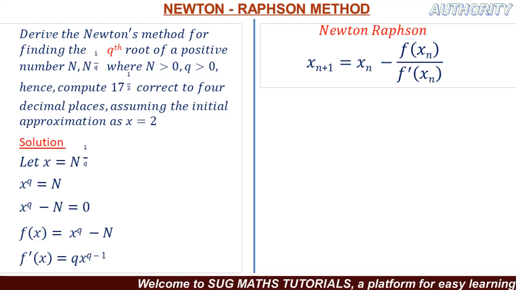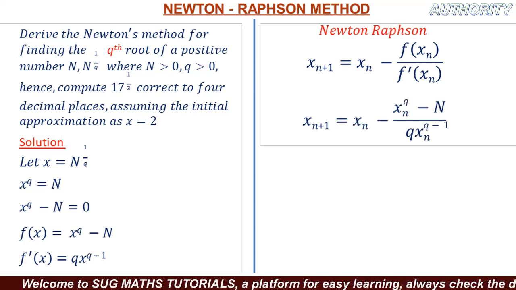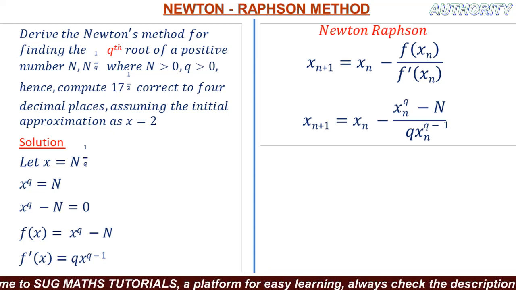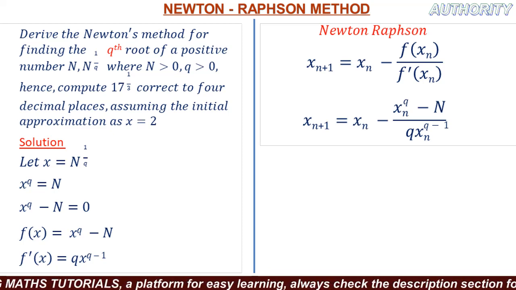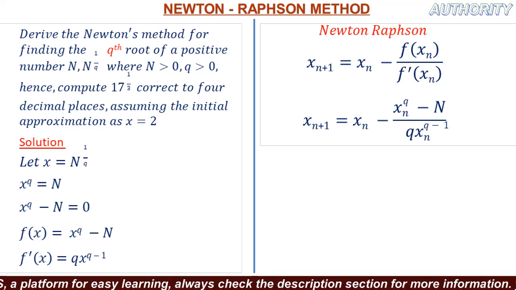Let's do a simple substitution: xn plus 1 is equal to xn minus (xn raised to the power of q minus n) all over q times xn raised to the power of q minus 1.